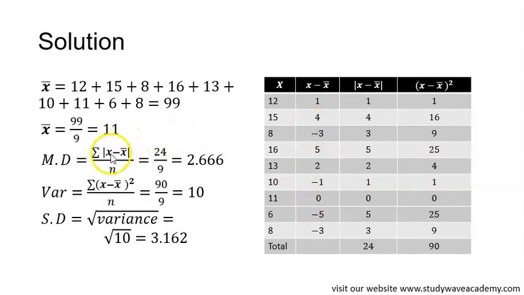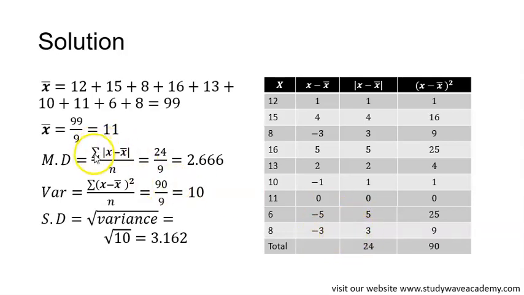We are looking for the absolute value, which is the positive difference. So 1 remains 1, 4 remains 4, minus 3 changes to positive 3, 5 remains 5, 2 remains 2, minus 1 changes to 1, 0 remains 0, minus 5 changes to 5, and minus 3 changes to 3.